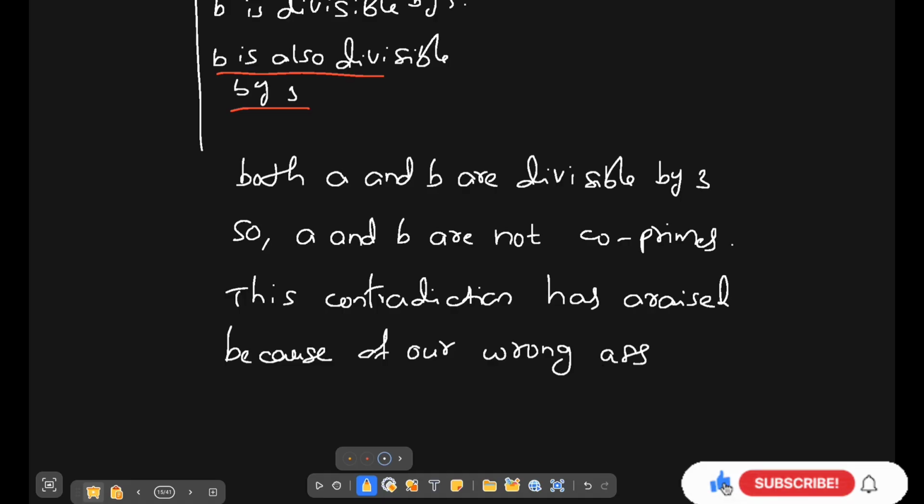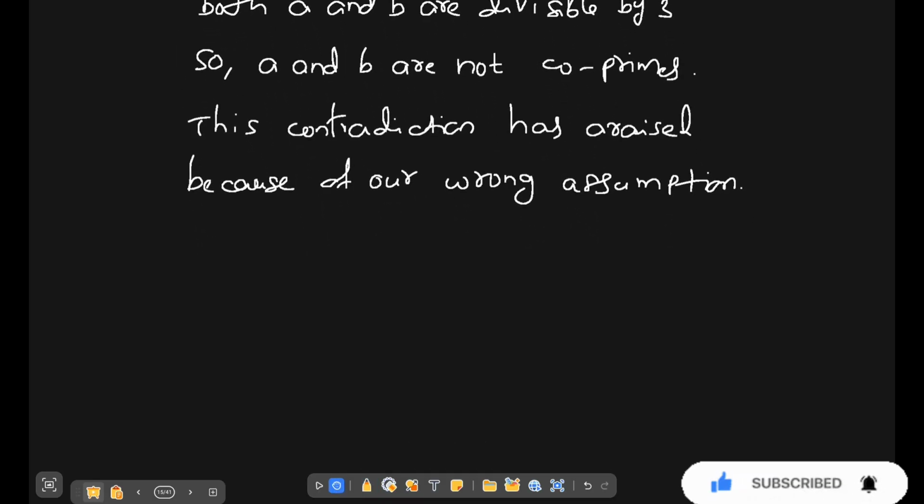What was our wrong assumption? That root 3 is a rational number. So here root 3 is not a rational number. Therefore root 3 is an irrational number. So this is the solution for this question.